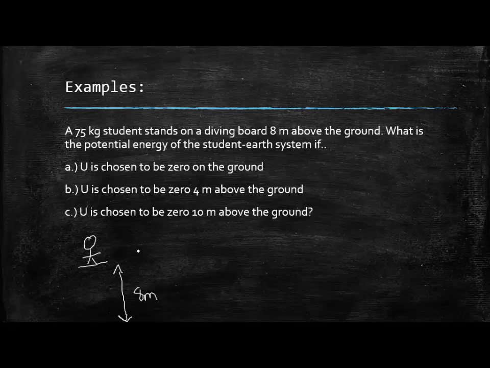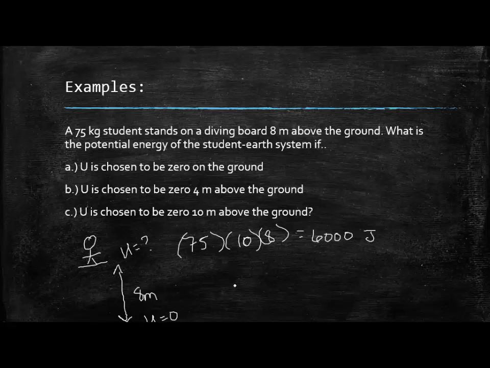If we choose the potential energy to be 0 at the ground, what is the student's potential energy on top of the diving board? This is just 75 times 10 times 8, which is 6,000 joules.